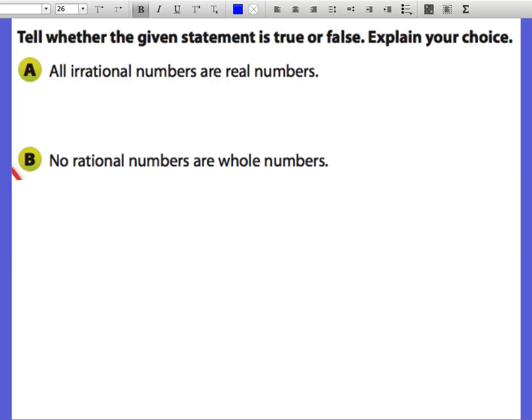Okay, so now we're going to figure out if the given statements are true or false. And then you have to think about your characteristics for all numbers. So let's write those down again. Whole numbers have to be positive, no decimal, no fraction.